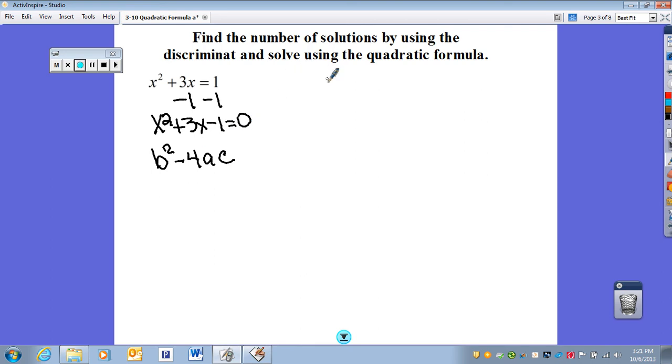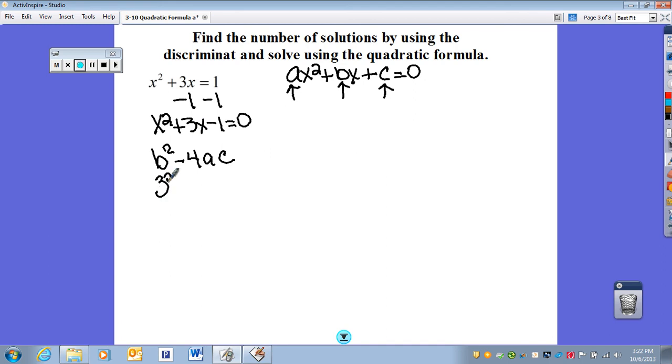Remember, in standard form, our quadratic function is ax squared plus bx plus c is equal to 0, where a is the leading coefficient of the x squared, b is the coefficient of the x, and c is our constant term. So when we're plugging our numbers in, our b is going to be our 3.